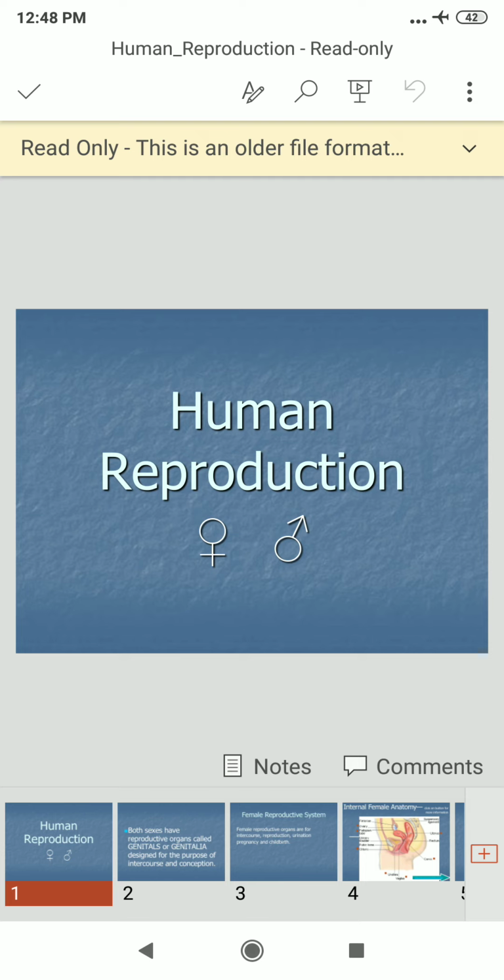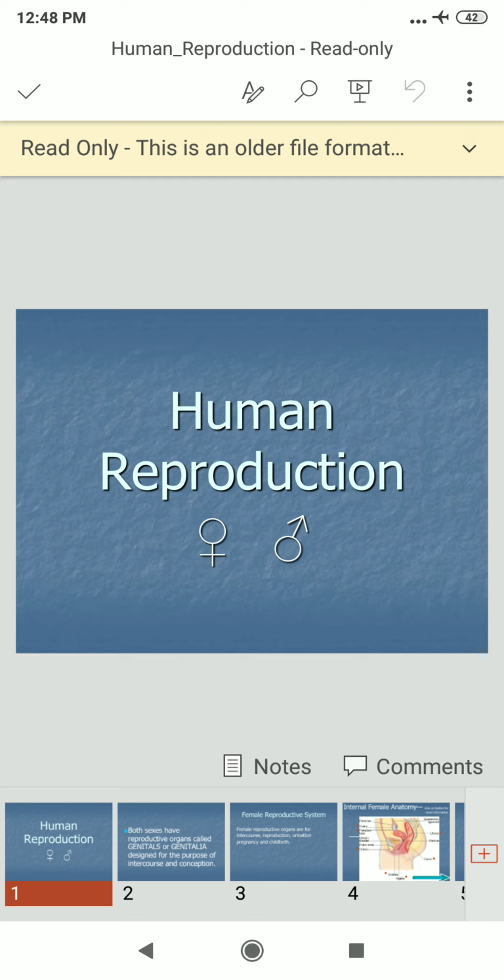of the human species. The important events in human reproduction include sexual maturation at puberty, a period of fertility, followed by a gradual reproductive decline.